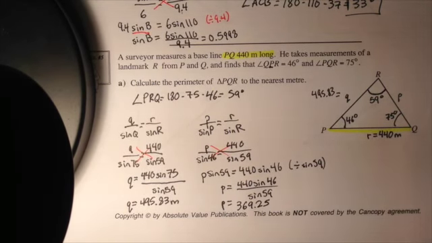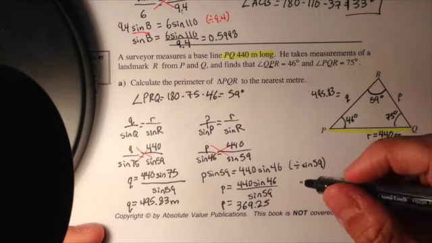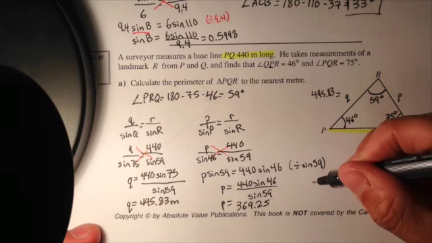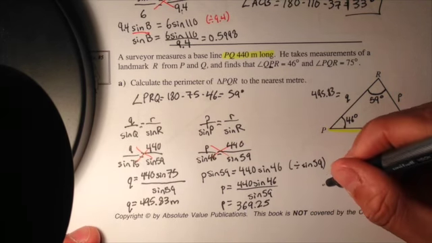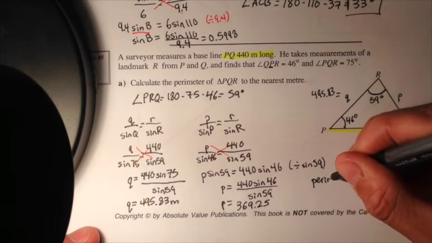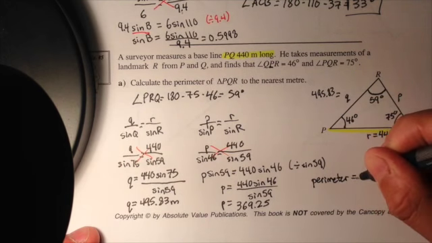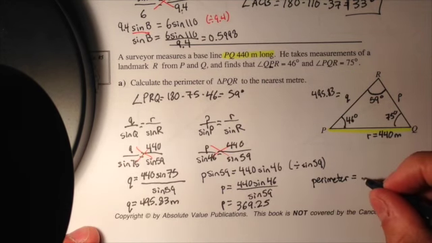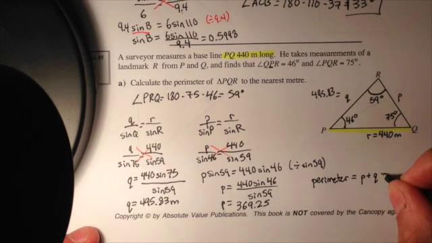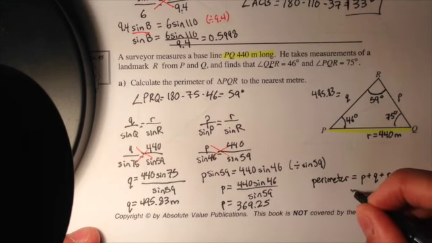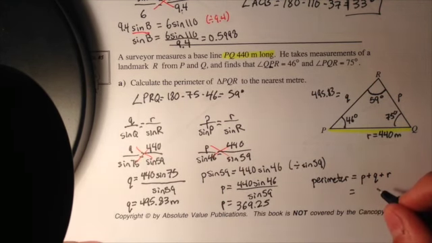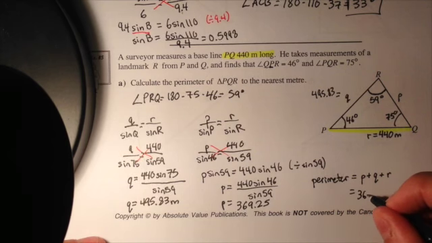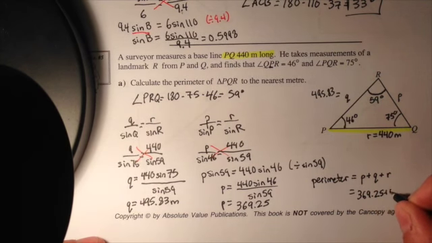Okay, and remember we wanted to find out what the perimeter was. So the next thing we're going to do is add: the perimeter is equal to all the sides added together. That's P plus Q plus R, which would be 369.25 plus 495.83 plus 440.